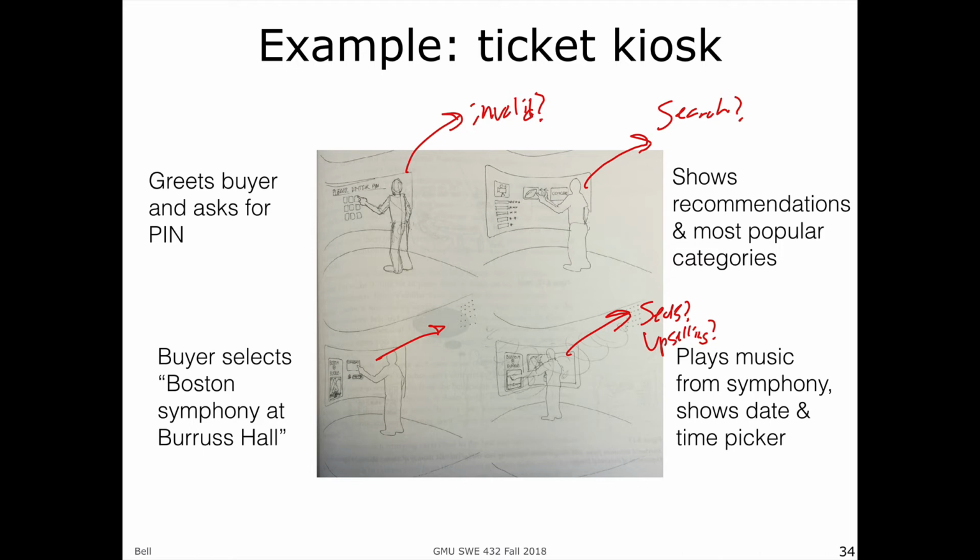It's unclear what happens as we go through this process if the user makes a mistake and wants to go back. So maybe in this bottom left frame here where the buyer is selecting a symphony, clearly the transition here was select concert. But what happens now if the user wants to unselect concert?